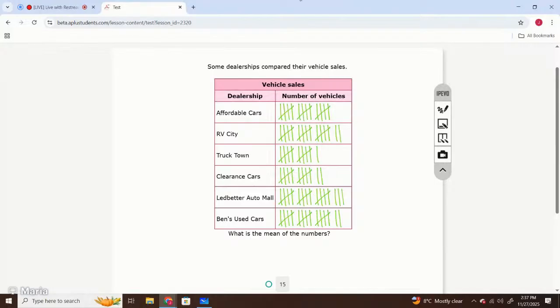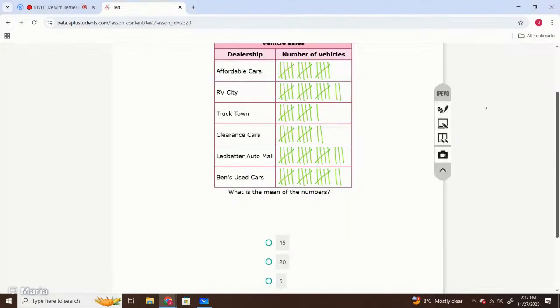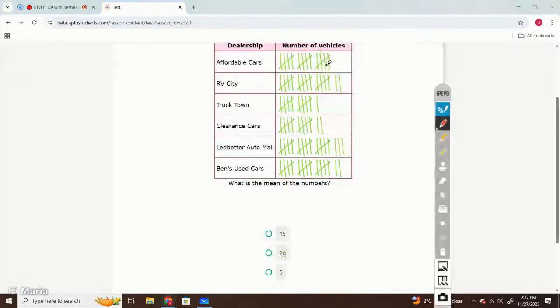Some dealerships compare their vehicle sales. What is the mean of the numbers? 5, 10, 15, 17, 16, 7, sorry, 11, 12, 18, 17, 7, 5, 12, 13, 14, 15, and 8, 23, and 7, 30. 3, 4, 5, 6, 7, 8, 9, 90.